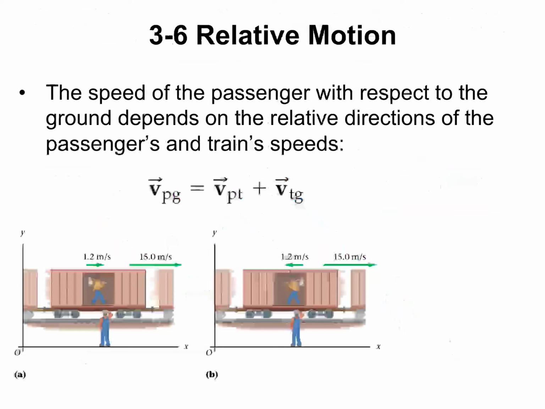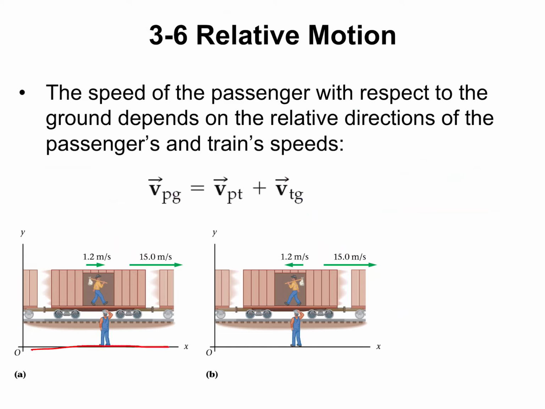What is relative motion? All motions are relative. In relative motion, you have more than one reference frame. Okay, the example here is this: there's a train, and there's a guy standing on the platform of the train. Another guy is actually on the train, which is moving.